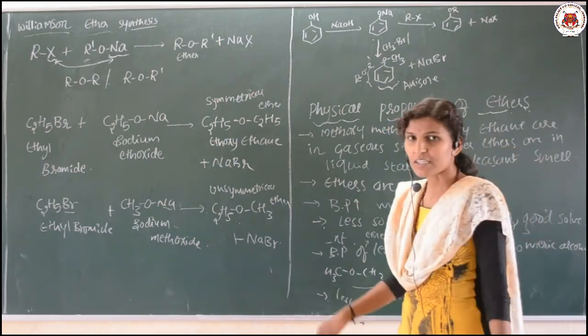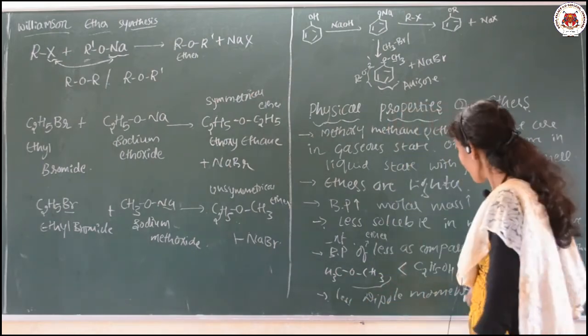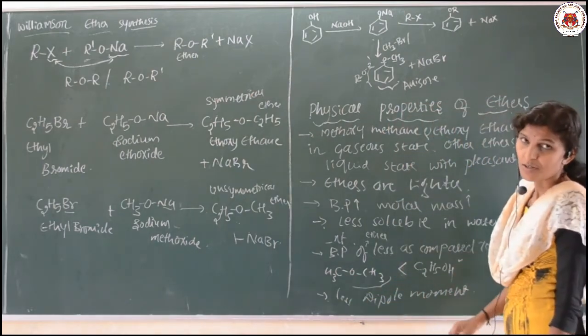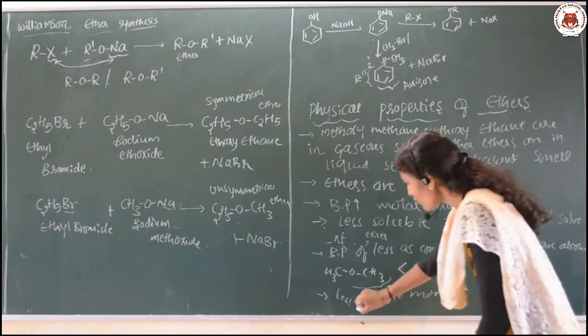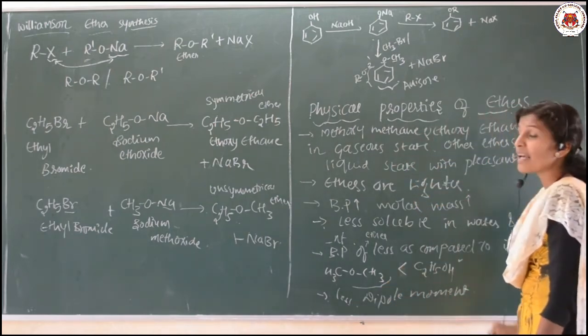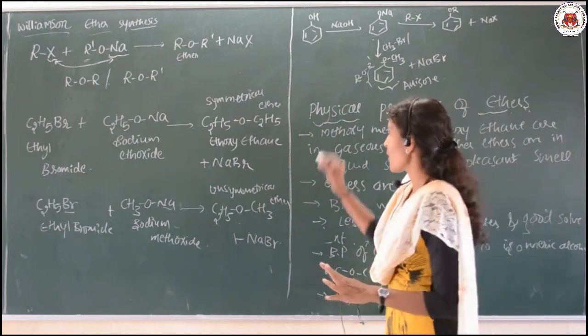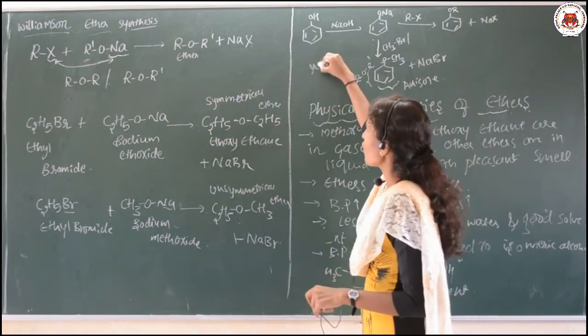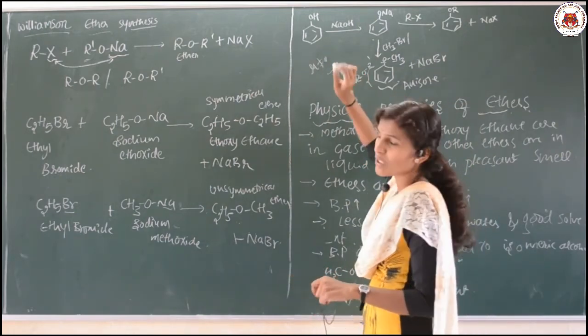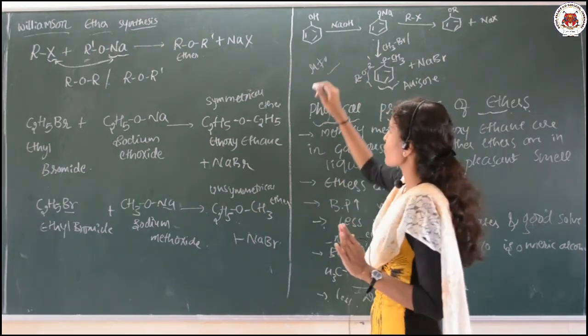Why is it less? It cannot form the hydrogen bond, while the alcohol forms the hydrogen bond. And the last point is these have a less dipole moment. The dipole moment, that is mu, is not equal to 0, somewhat of a value will be there, but it is a less value.